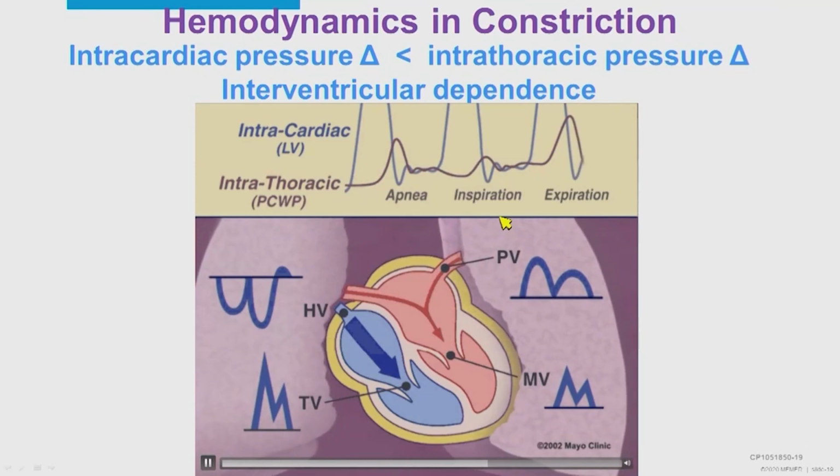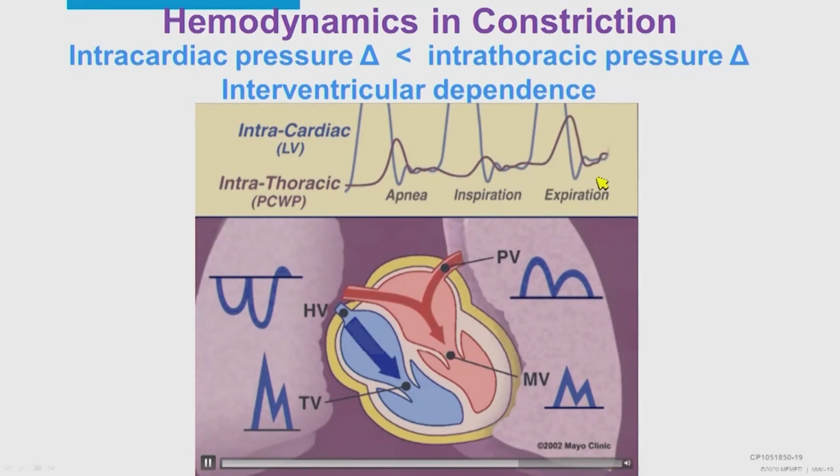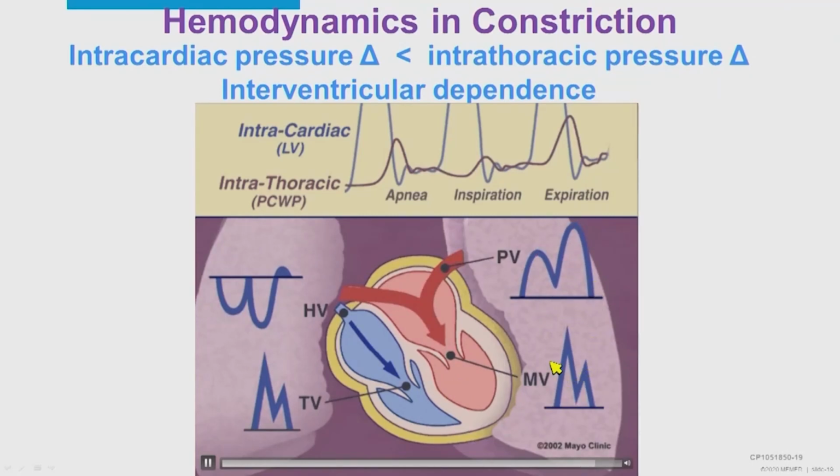With expiration, you have the increased intrathoracic pressure with a minimal change in the cardiac pressure, and the septum deviates to the right, with more filling to the left. You see the pulmonary vein and mitral inflow velocity increase with expiration, and you can see that reduction in tricuspid valve flow, and then significant flow reversal with expiration, as I show you in this animation.